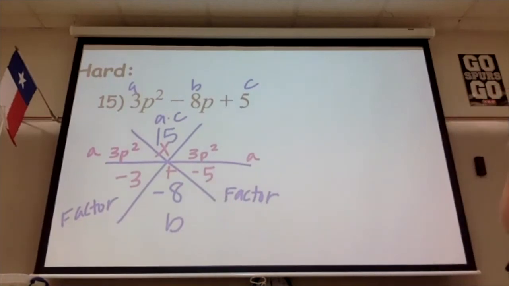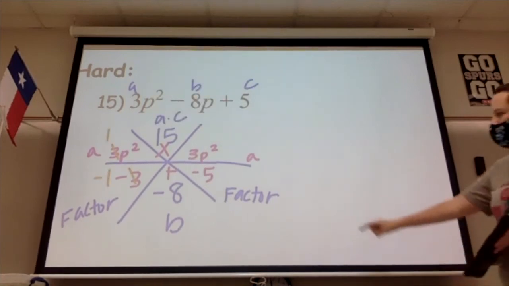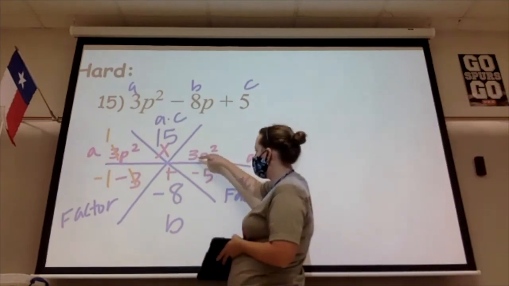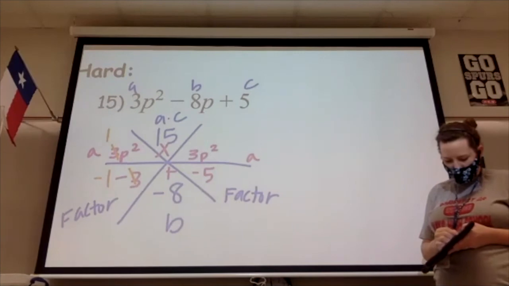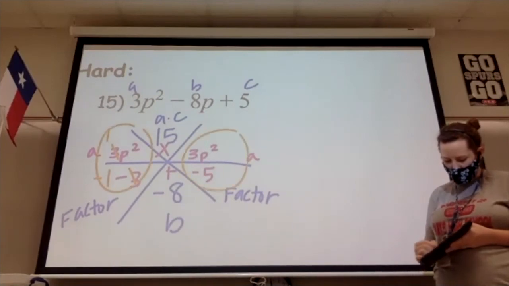Can my 3 over 3 reduce? Yes. So we're going to reduce that down. So this is going to be a 1, and this is a negative 1. Does my 3 and my 5 reduce? No. So these are going to be your two factors when we write it out.